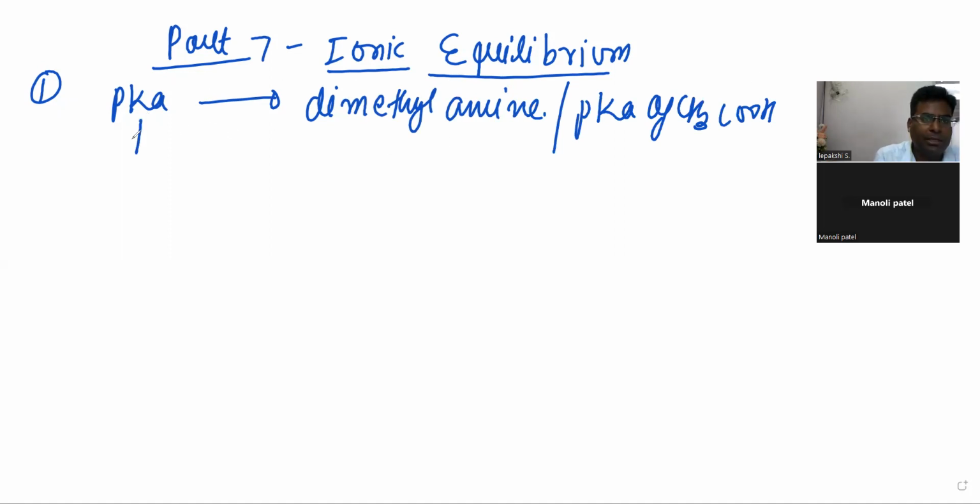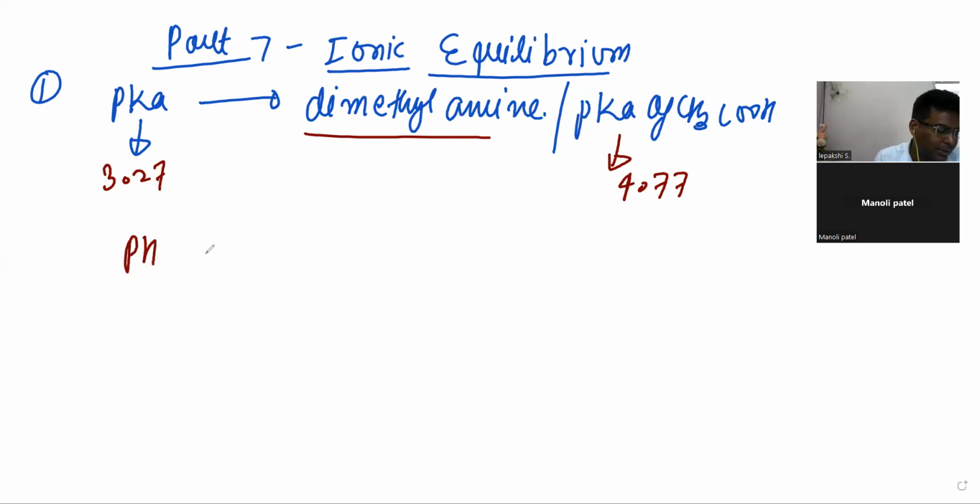The pKa for dimethylamine is given as 3.27, and for acetic acid it is 4.77, at temperature T Kelvin. So what is the correct option for the pH of dimethyl ammonium acetate?